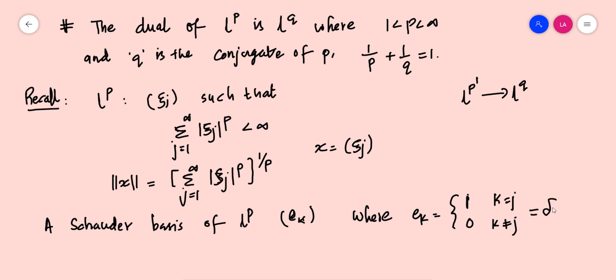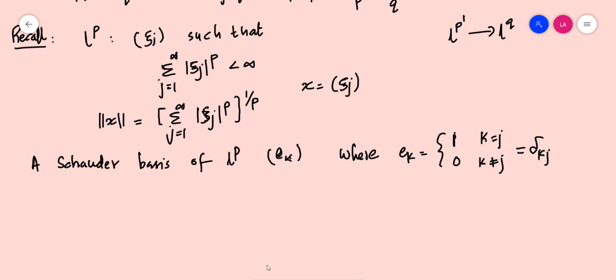It is usually denoted as the Kronecker delta, delta kj. So Ek is a sequence in which the kth element is 1 and all the other elements are 0. That's the idea.